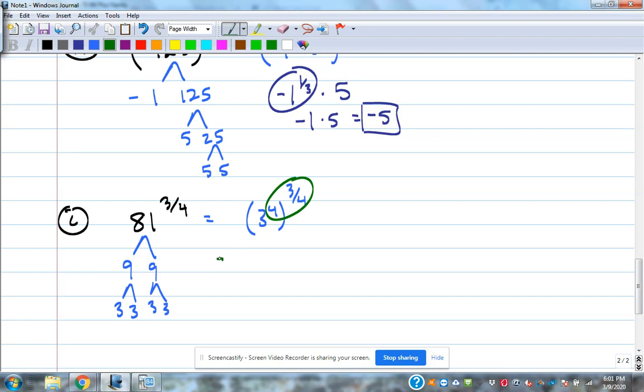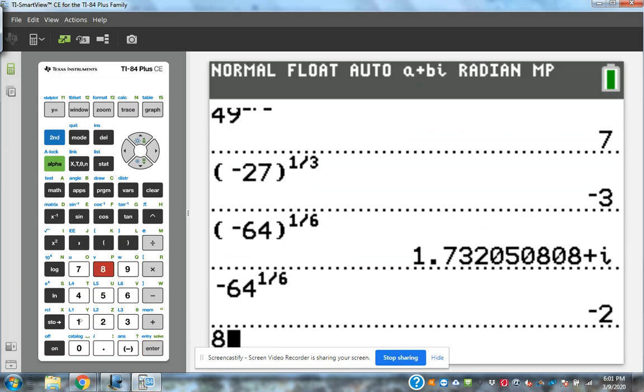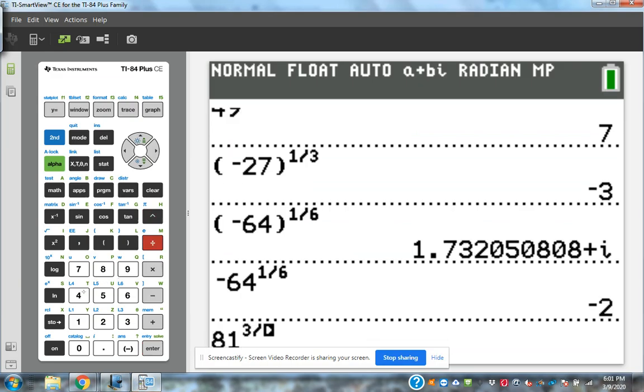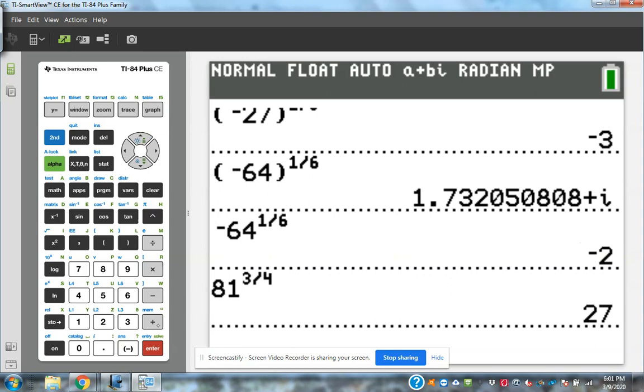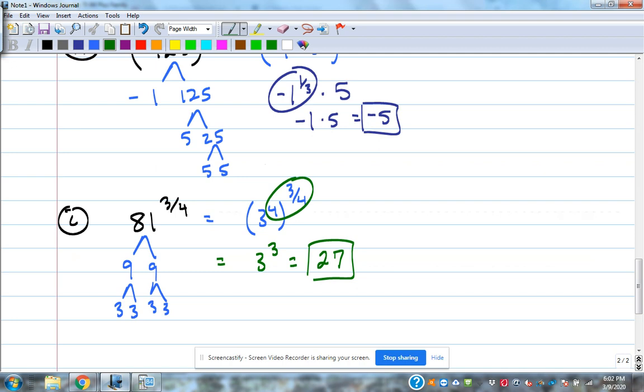Multiplying those two together, 3/4 times 4 would be 3, which would be 27 when you work it out. And again, you can type 81 raised to the 3/4 into your calculator and it cranks that back out. The only time we have an issue is if it's a negative number and an even denominator. That's where we have to watch out for things.